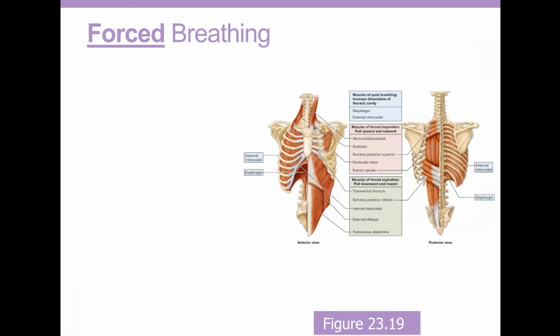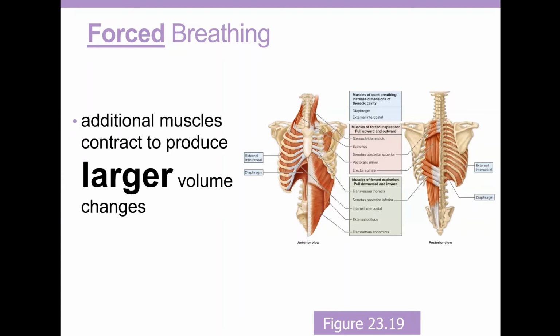Forced breathing. They've got a picture here showing you some muscles that you can also contract and relax to do your forced breathing. So this is like when you tell yourself, take a deep breath, and you really do those forceful inhales and exhales. What's happening here is you've got all these additional muscles that are contracting or relaxing, and so you can get bigger volume changes.